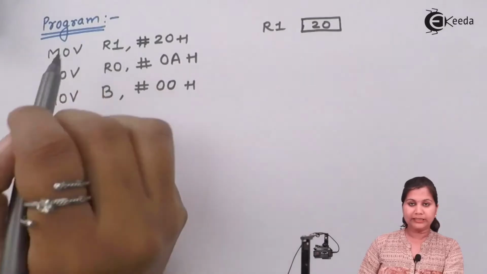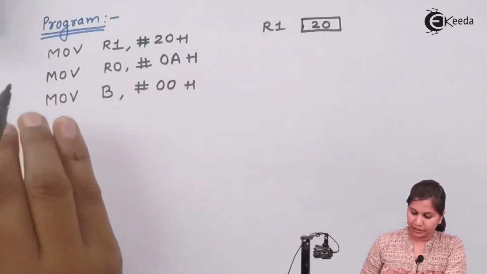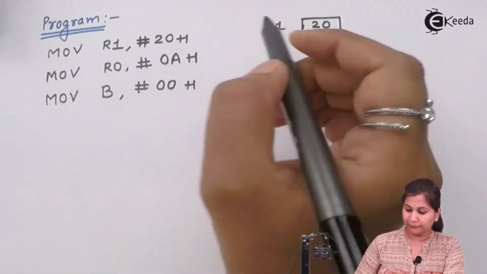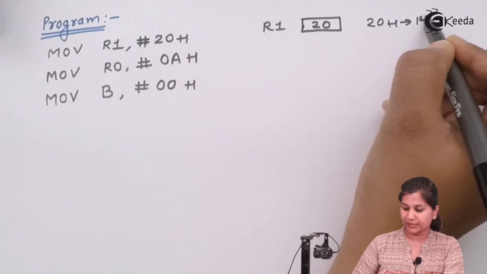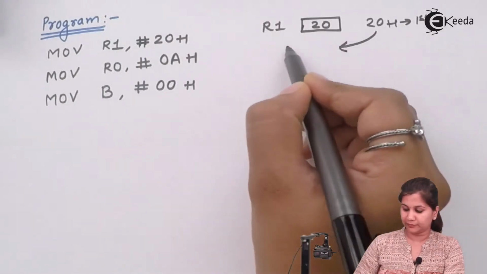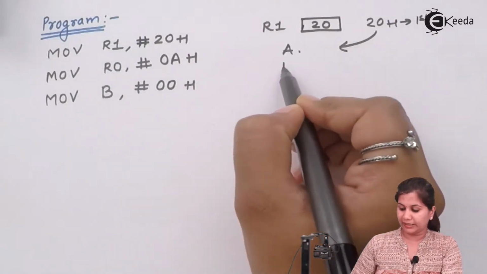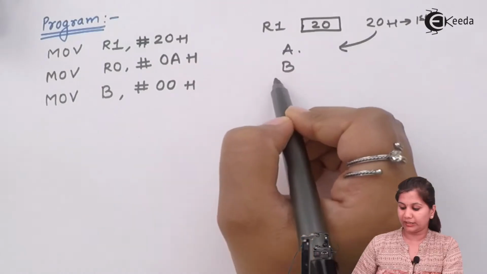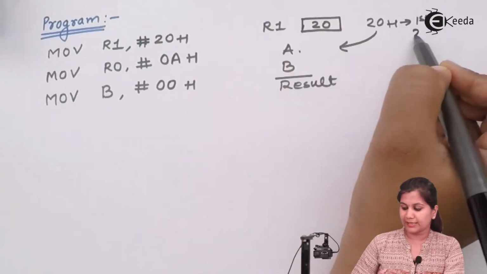So up to this step only the initialization is being done. Now the number stored at memory location 20H, the first number, is to be shifted into the accumulator, that is the A register. Then only can we add the A and B registers and get the result of the first and second number.